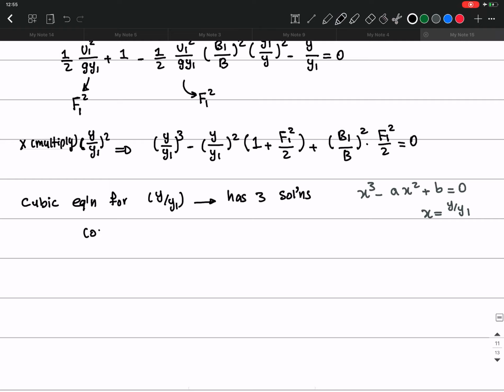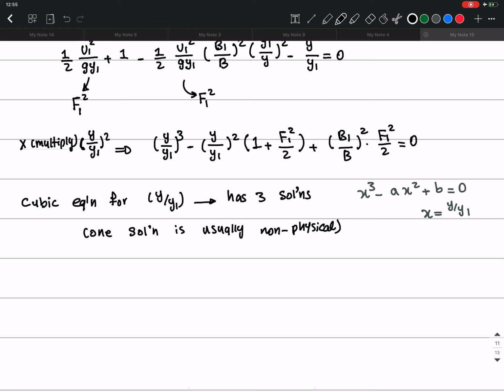One solution is usually non-physical, so we can just neglect it. Typically, for example, it is negative, right? So it's non-physical.